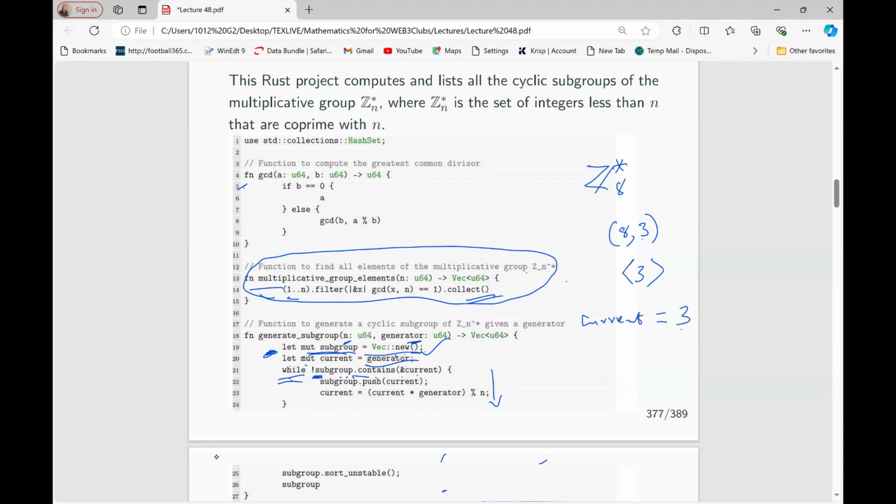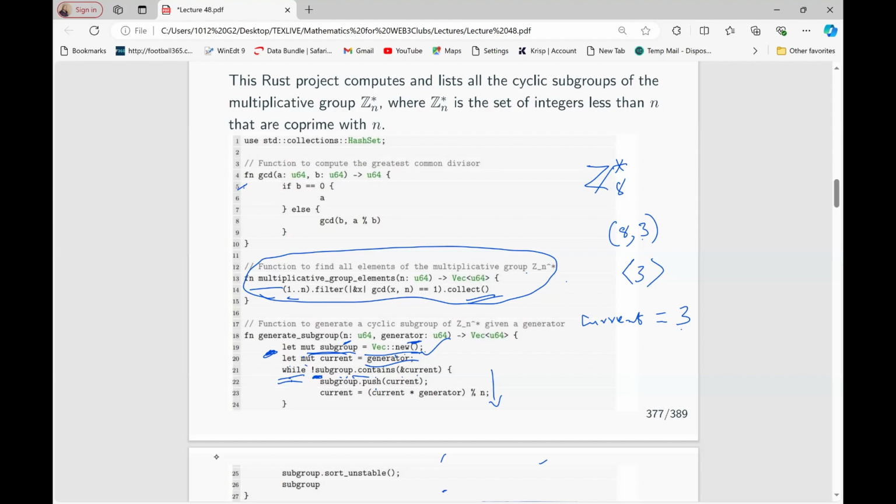Now it says, push the current to the subgroup. While the subgroup does not contain the current, push the current to the subgroup. So if the current is in the subgroup, you don't push it there. You only push it there when it's not there.